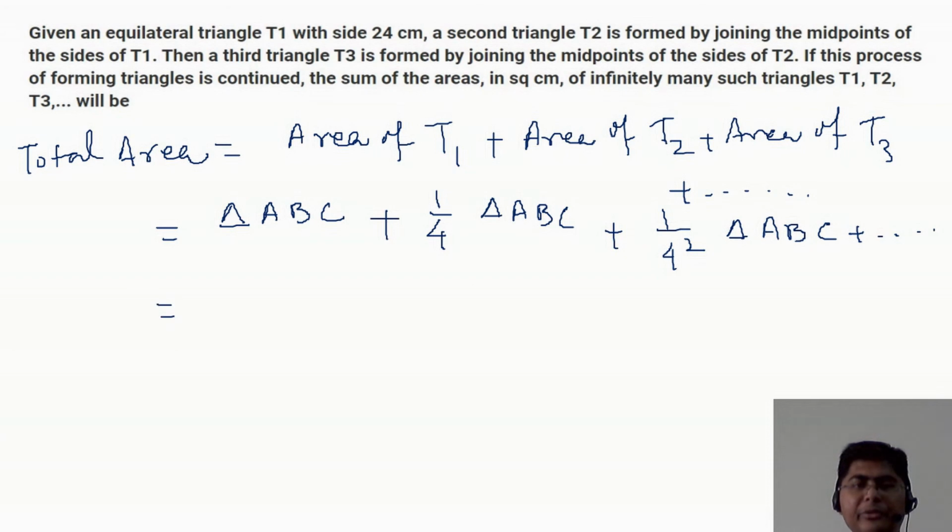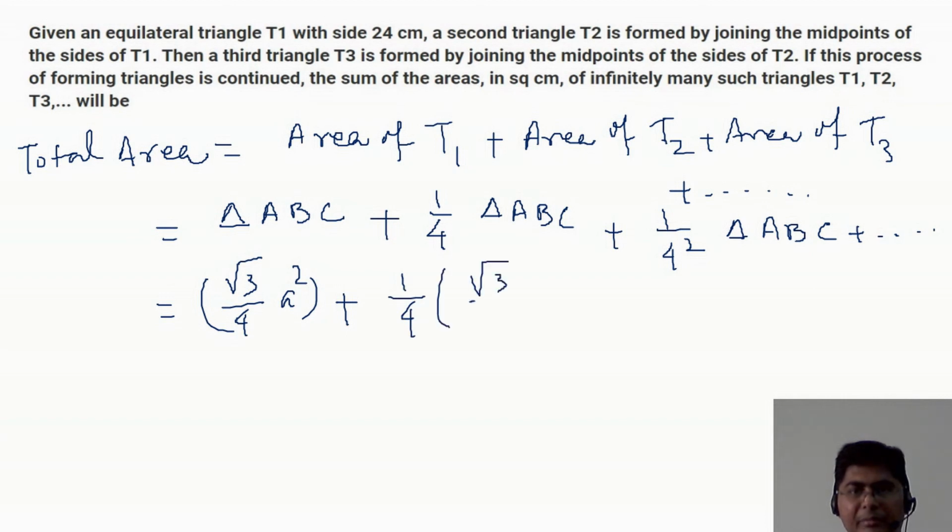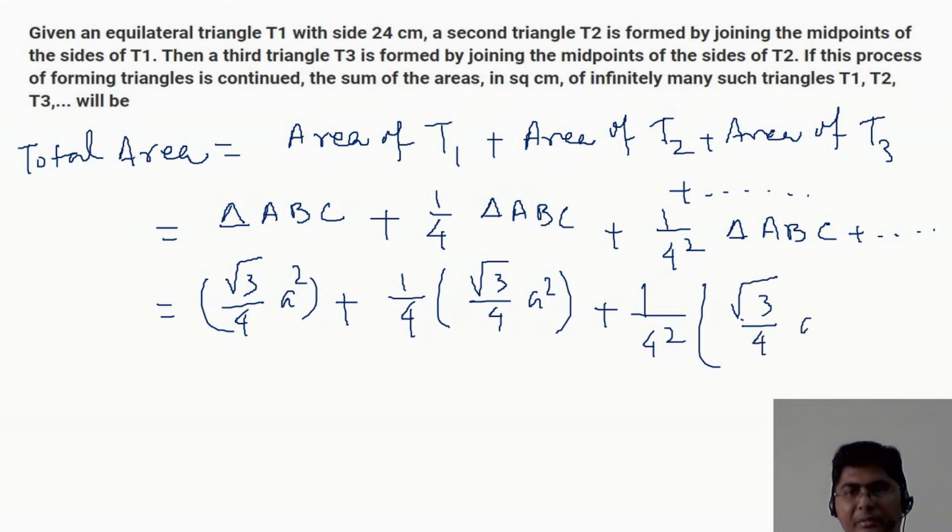Now if you remember, the area of ABC is root 3/4 a square. I am just replacing the value of area of ABC. So it becomes root 3/4 a square, then 1/4 into root 3/4 a square, then 1/4 square into root 3/4 a square, plus dot dot dot, which means up to infinity.